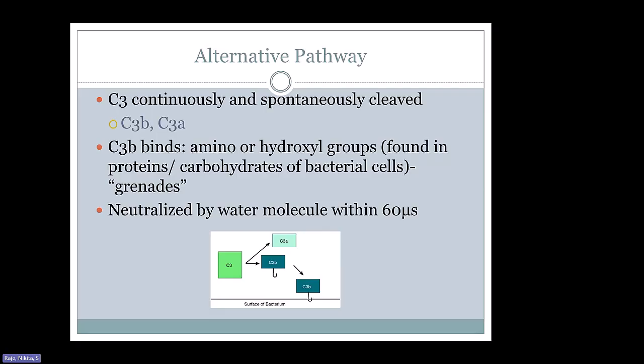Because we are talking about the innate immune system here, we are just going to focus on the alternative pathway. We are not going to worry about the classical pathway, because part of its functioning involves antibodies, which is the adaptive immune system. So the alternative pathway works like this: there is a complement fragment called C3 that is continuously and spontaneously cleaved to smaller parts, C3b and C3a.